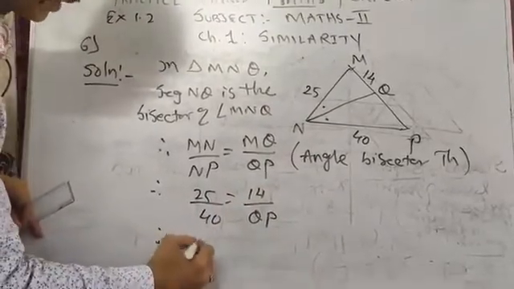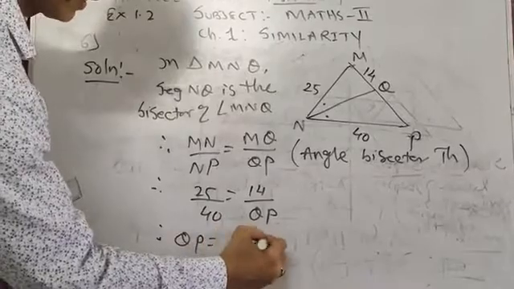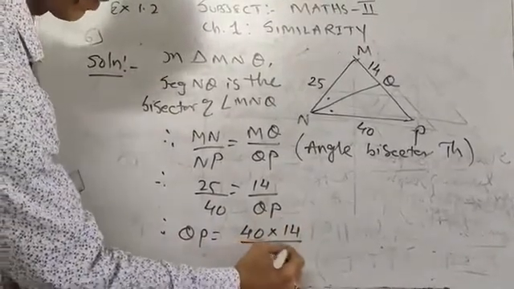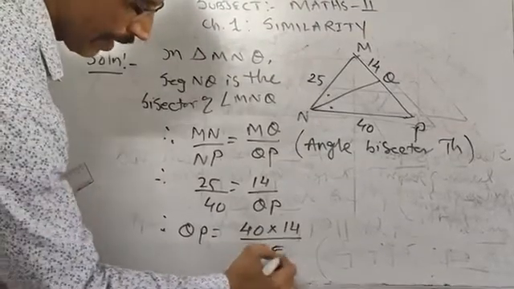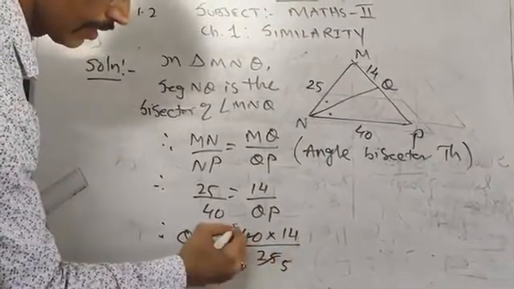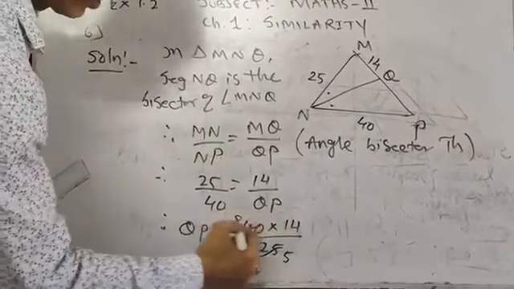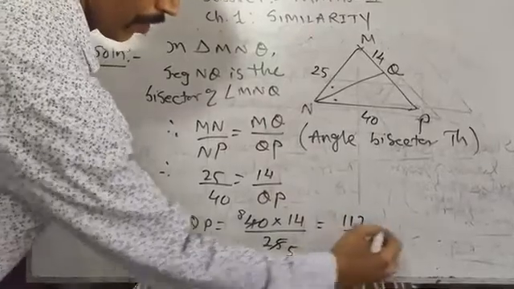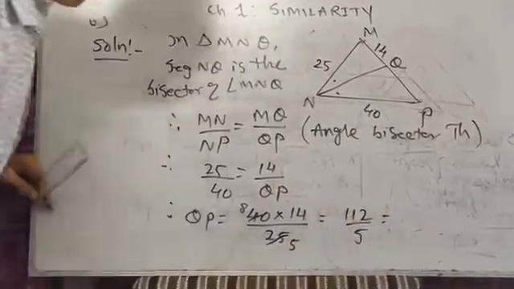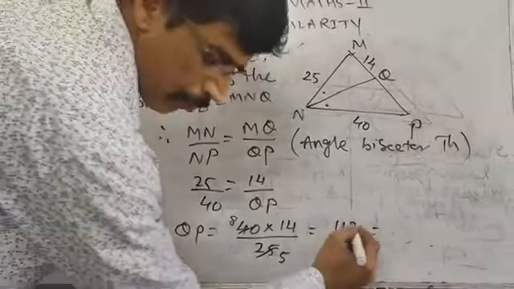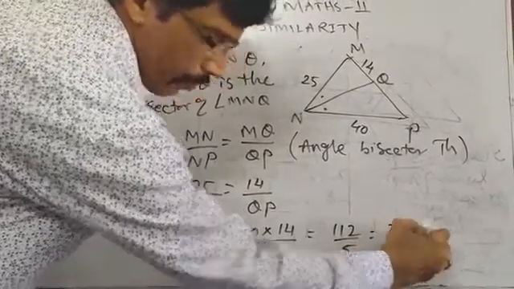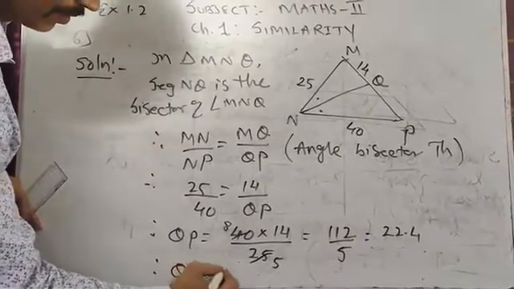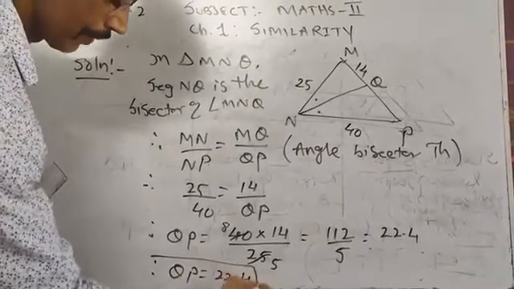And therefore QP is equal to 40 into 14 upon 25. 5 5s are 25. 5 8s are 40. 14 into 8 is 112. 112 upon 5, we will get the answer 22.4. So the answer for QP is 22.4.